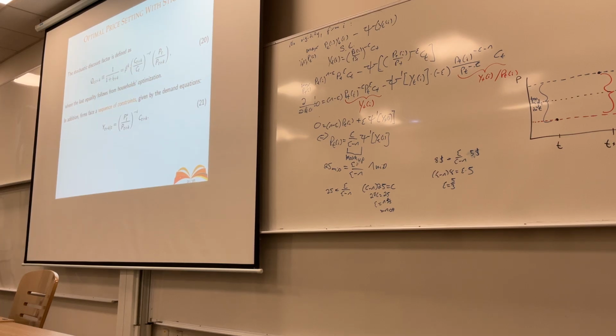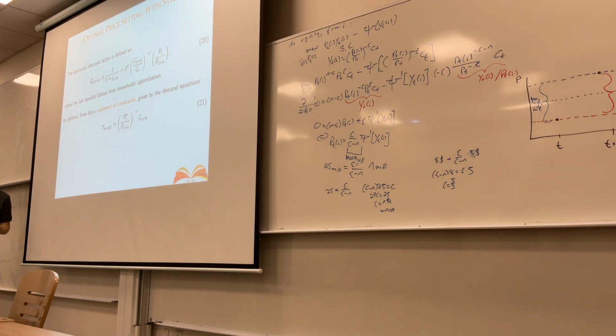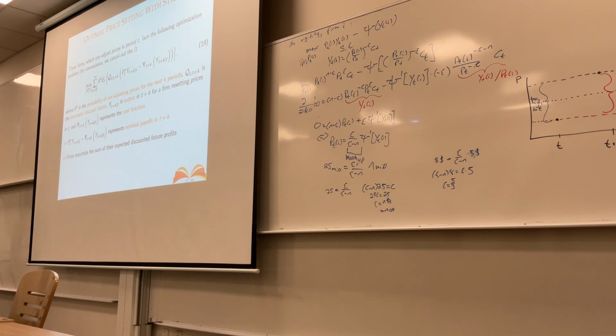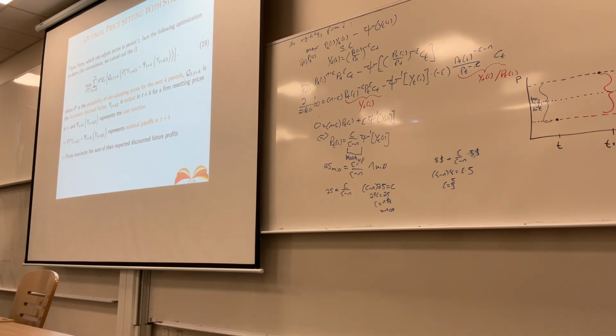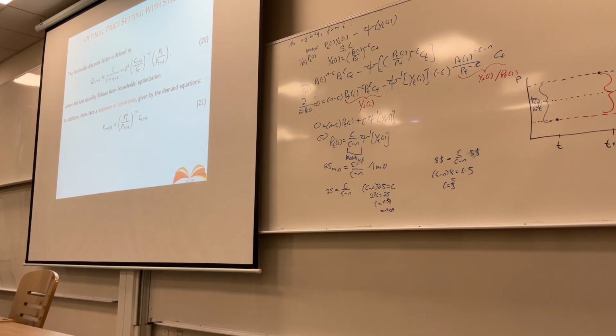Well, it depends on my owners' impatience, which we have with beta, and it also depends on how they're going to value profits tomorrow versus today. There might be reason to expect that tomorrow is a recession, when our household might have a high marginal utility from consumption.